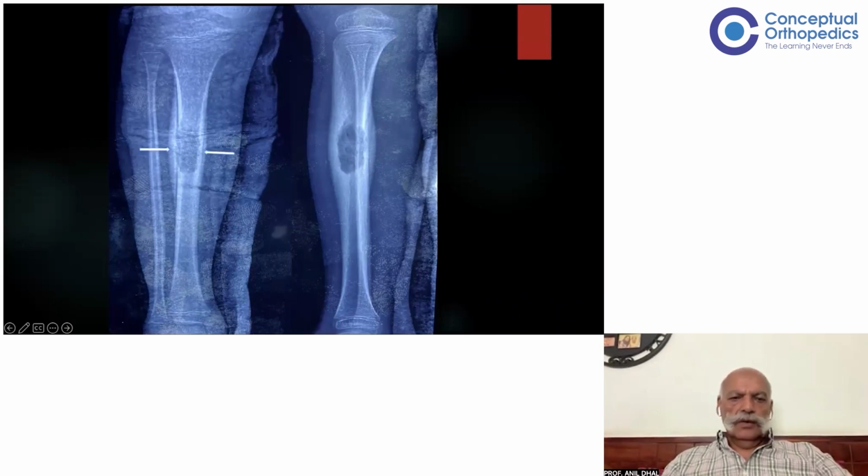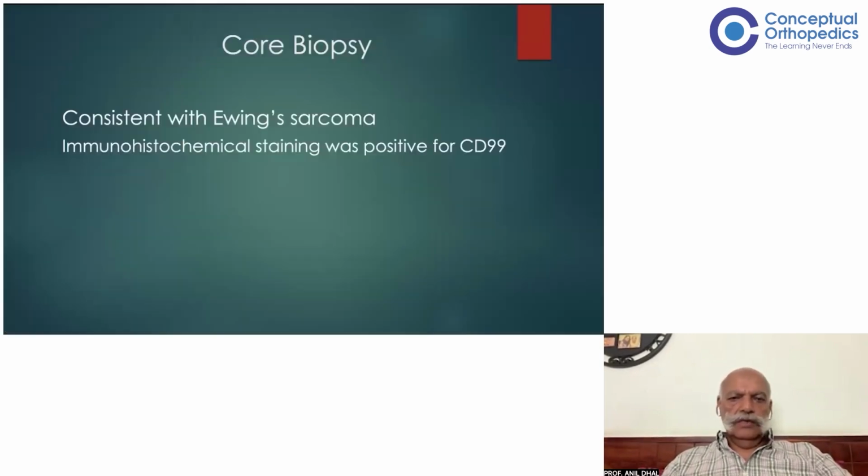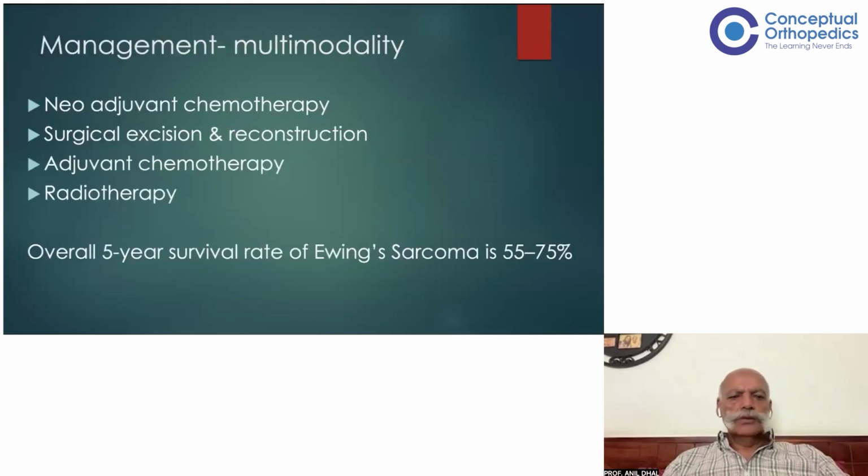And what we found on the core biopsy was reported as consistent with Ewing sarcoma because the immunohistochemical staining was positive for CD99. So, as is usual for these patients, a multi-modality approach has to be incorporated.